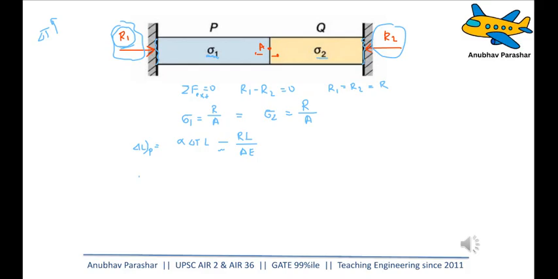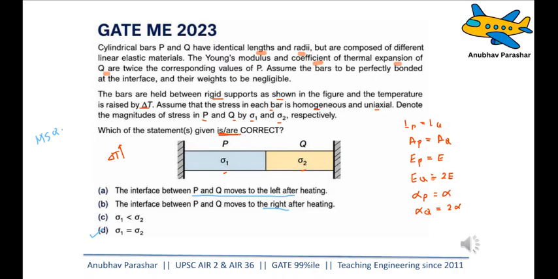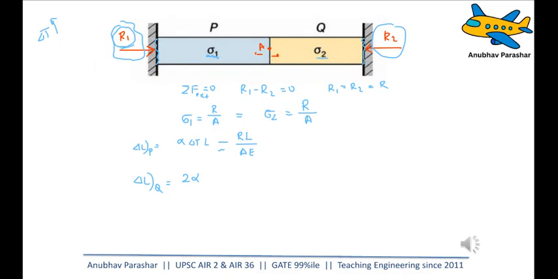Similarly, let us try to determine the total change in length of Q. So the total change in length of Q is the change in length of Q because of temperature increase. Now, mind you, alpha of Q is twice that of P. So twice of alpha, change in temperature is the same for both, delta T, and length is the same for both.